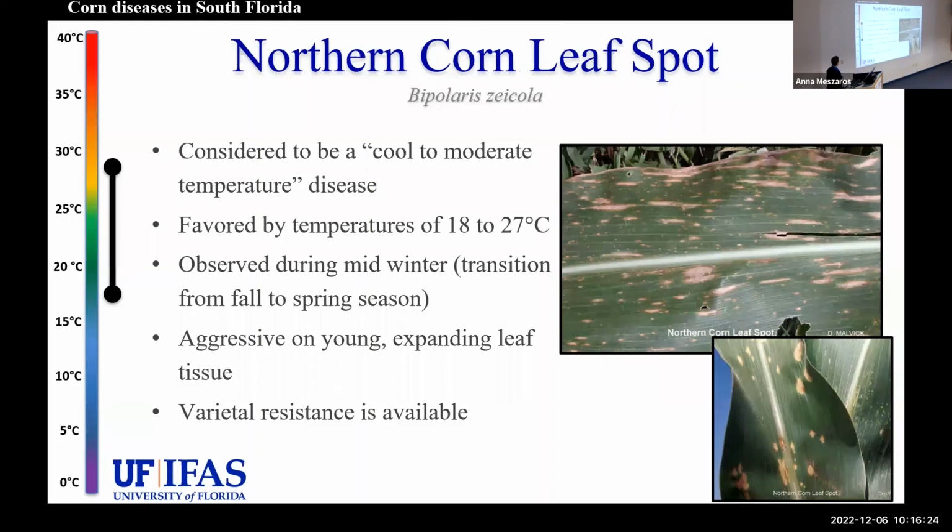And this disease is more like a cool to moderate temperature disease. And it's favored by those temperatures between 18 to 27 degrees. And this one appears more during midwinter. That's more like the transition between fall and spring. And this is aggressive on young tissue, young leaves.